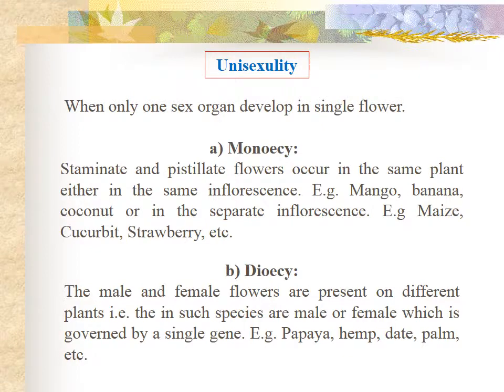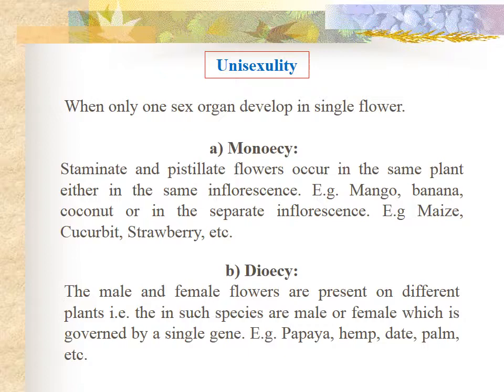Coming to them one by one, the first one is unisexuality, when only one sex organ develops in a single flower. There are 2 types, monoecy and dioecy. Monoecy is where staminate and pistillate flowers occur on the same plant, either in the same inflorescence like mango, banana, coconut, or in separate inflorescences like maize, cucurbits and strawberry.